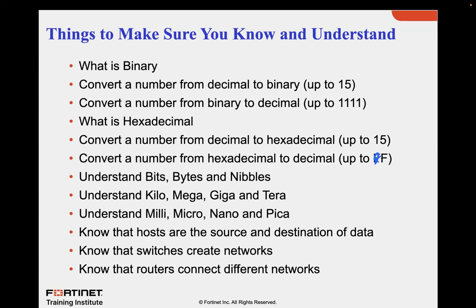Understand the concept of bits and bytes and nibbles. Understand the measurement units of kilo and mega and giga and tera, and the units of milli, micro, nano, and pico. Know that hosts are the source and destination of data. Switches create networks, and routers connect different networks.